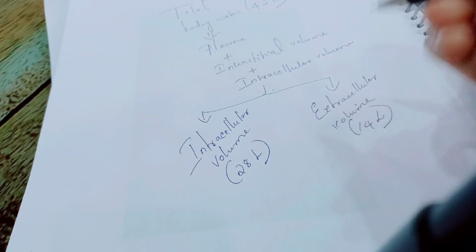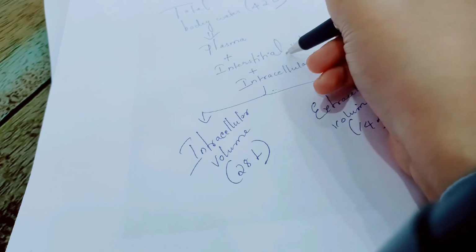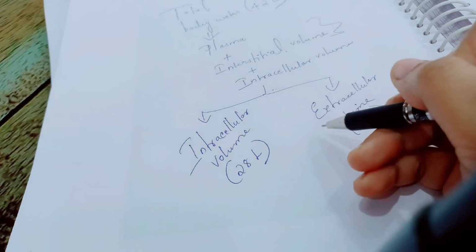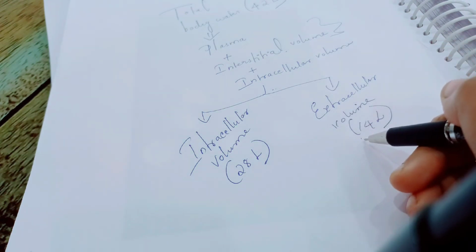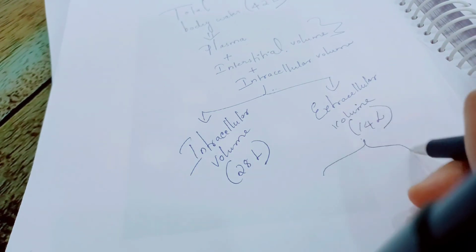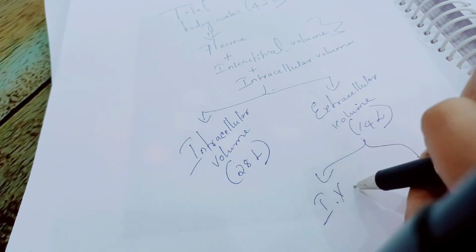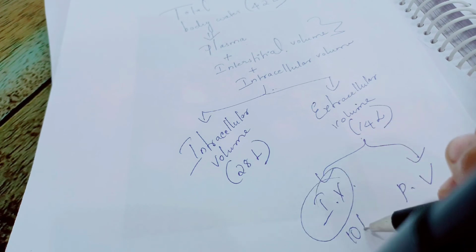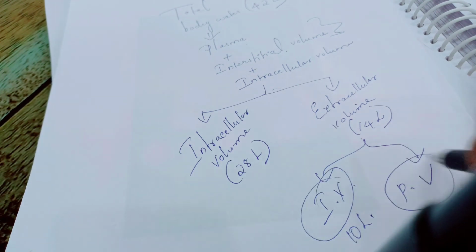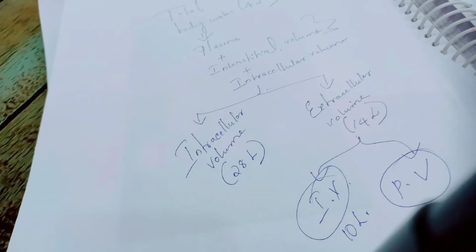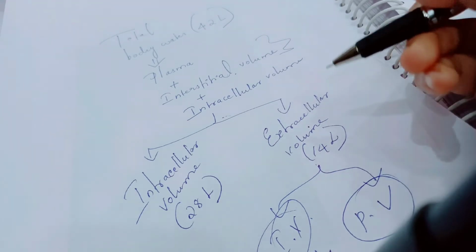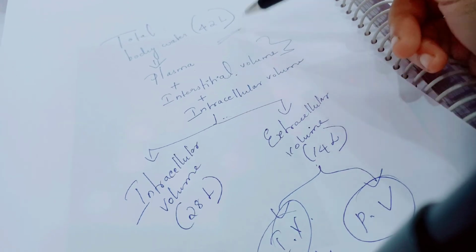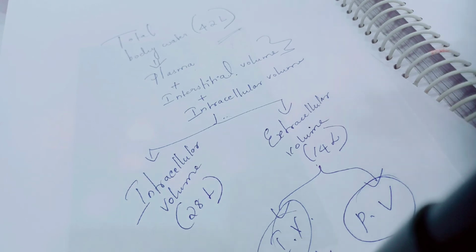The extracellular volume is plasma plus the interstitial volume. The extracellular volume can again be divided into the interstitial volume, which is 10 liters, and the plasma volume, which is 4 liters. So that is the extracellular volume, 14 liters. The total body water is 42 liters. So this is all about the volume of distribution.